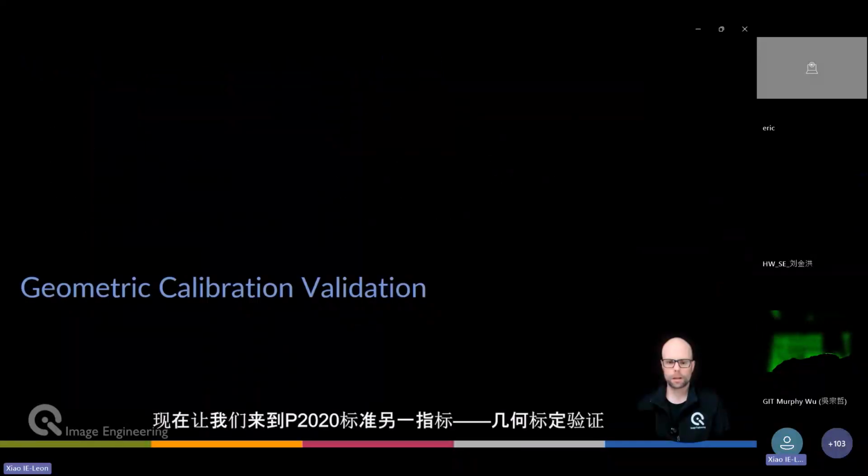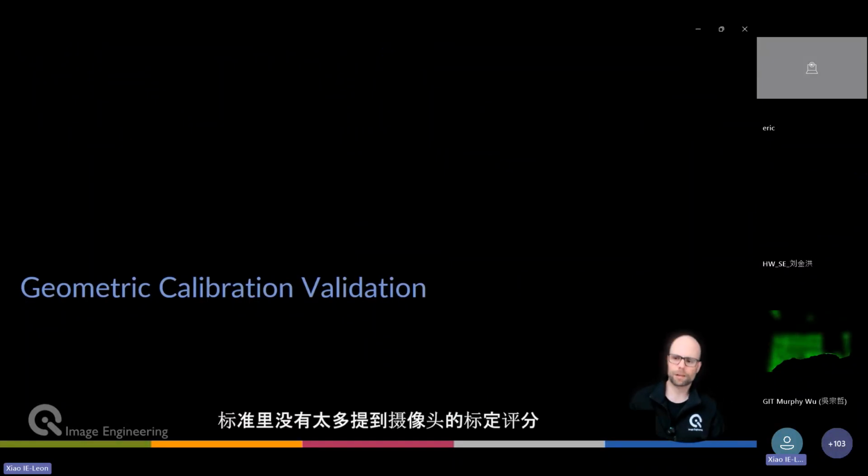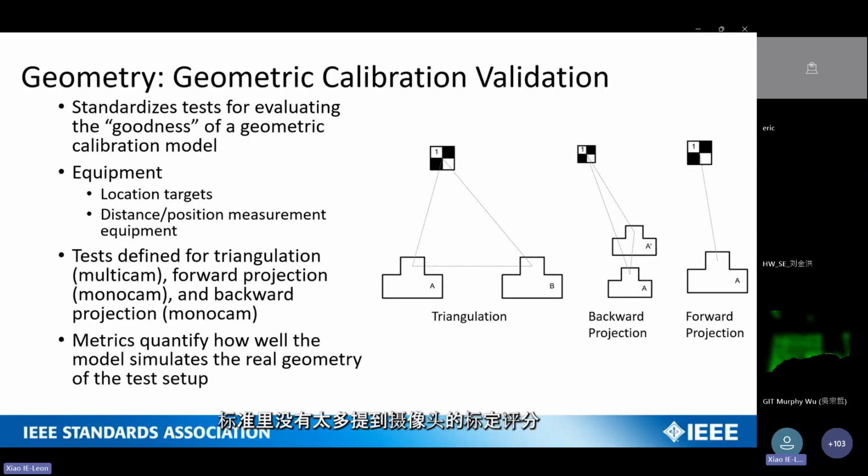Okay, so the geometric calibration validation. That's not so much about benchmarking a camera, but it gives you a framework of standardized tests to evaluate how good a geometric calibration model works. It does not tell you how to create the geometric calibration model, and it doesn't prefer any model over another.